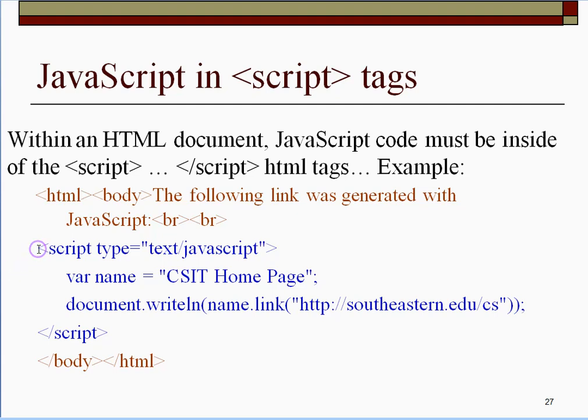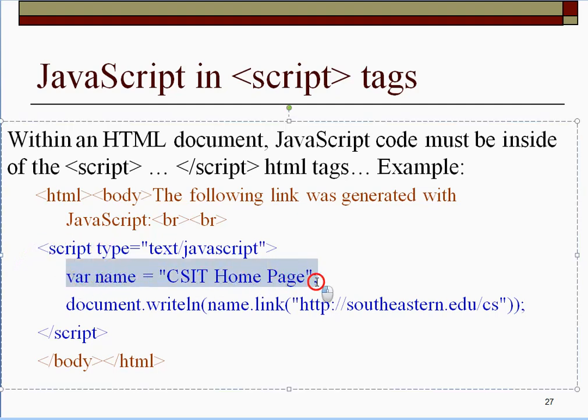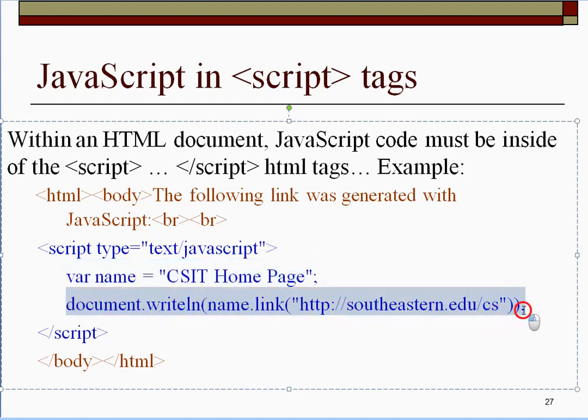So we have the script tags, and then we have a variable definition as a string, and then we have this statement, which is a writeln executable statement. What this is going to do is it will be executed when encountered right here, and so the script block will be replaced with what this produces.